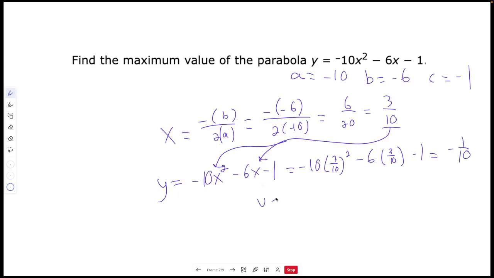So now the vertex is 3/10 and -1/10, but it wants only the maximum value. And remember, the maximum value is just the y coordinate of the vertex. So it's just this part. So my maximum value is -1/10.